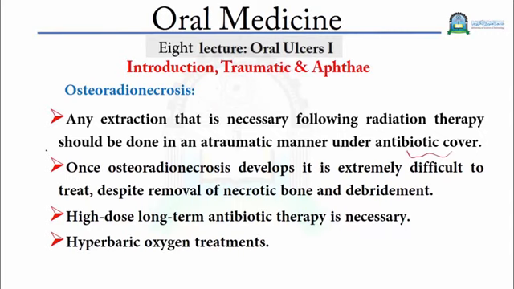Once osteoradionecrosis has developed, it is extremely difficult to treat, unfortunately, despite the removal of the necrotic bone and debridement, just surgical removal and cleaning. High doses of long-term antibiotics should be started for these patients, and there is hyperbaric oxygen treatment.